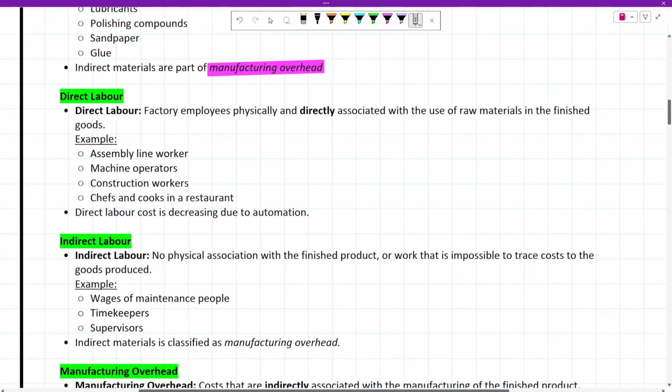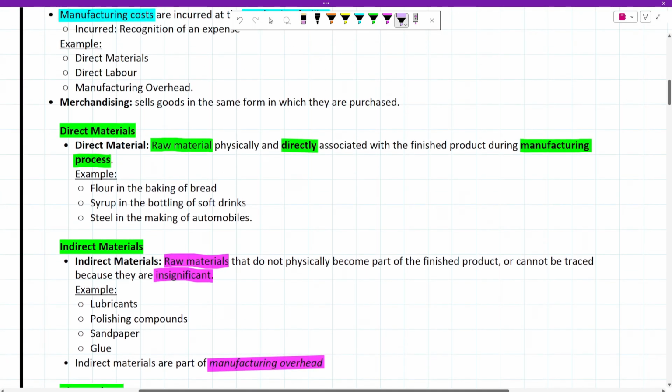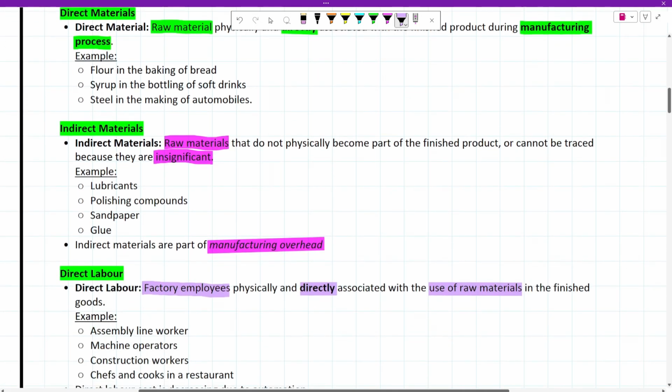Direct labor is the factory employees physically and directly associated with the use of raw materials in the finished goods. What you could see in the pattern is that through direct labor, indirect materials, and direct materials, we're always talking about raw materials.